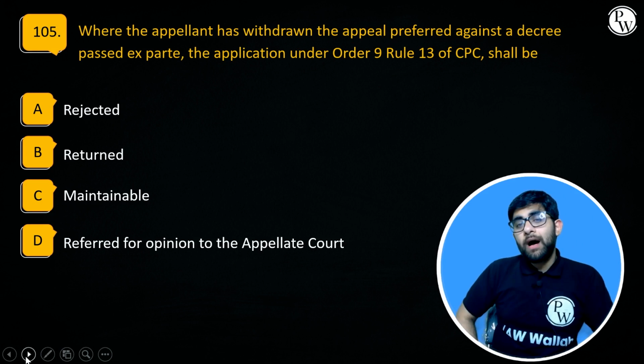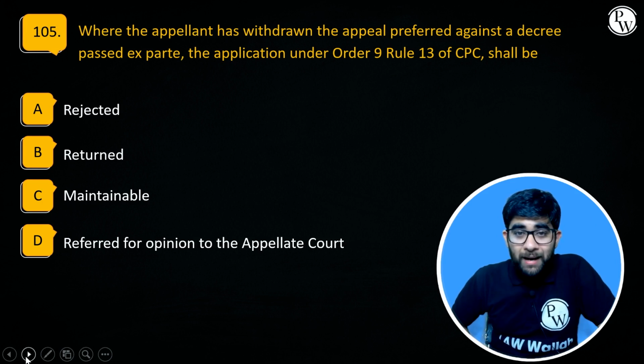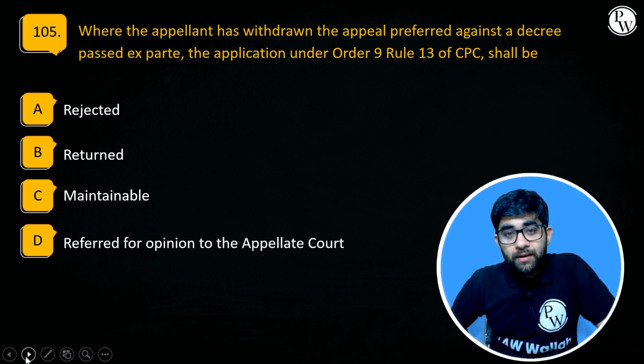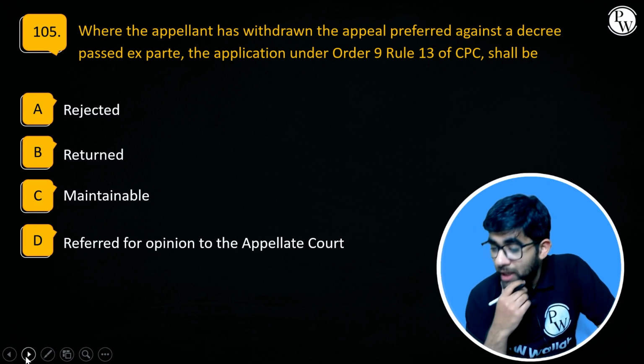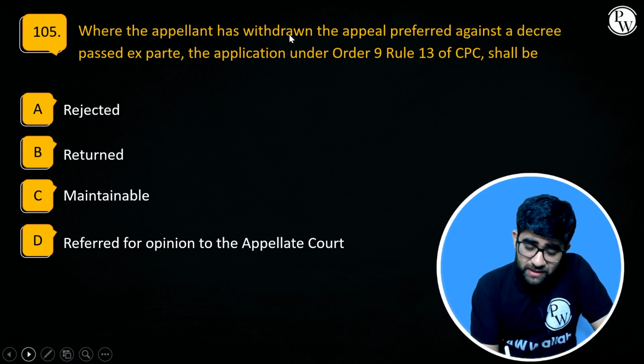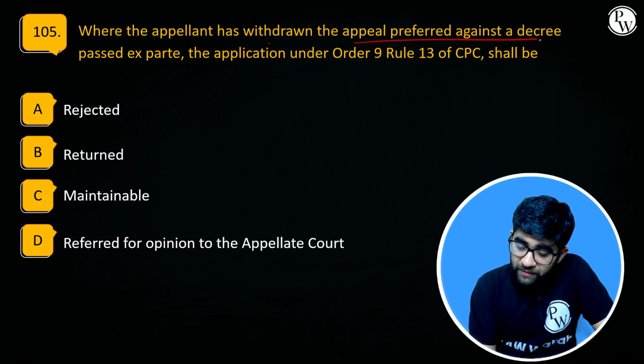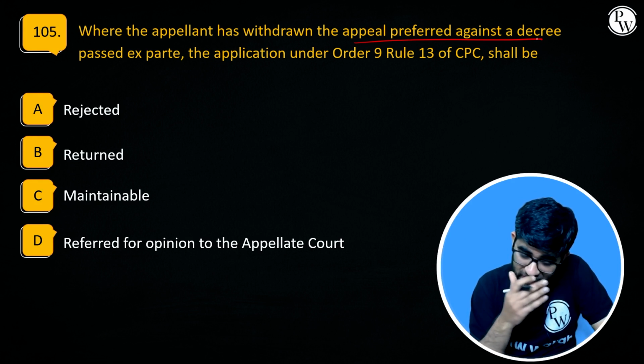Next, where the appellant has withdrawn the appeal preferred against a decree passed ex parte, the application under Order 9 Rule 13 shall be rejected, returned, maintainable, or referred for the opinion of the Honorable Court. Now, the answer to this: the appellant has withdrawn the appeal preferred against the decree passed ex parte.